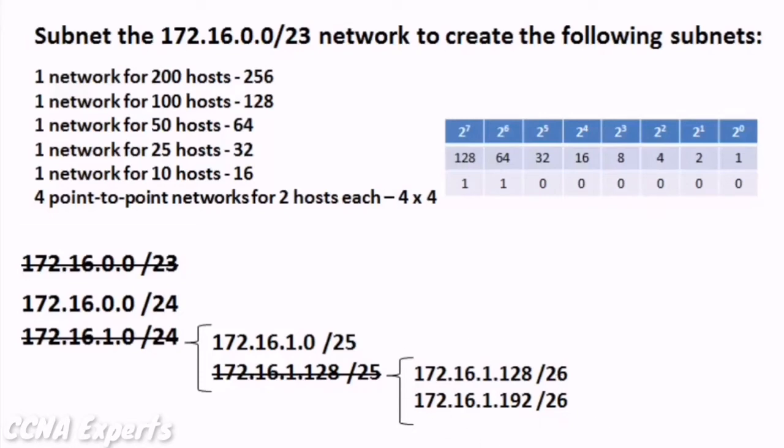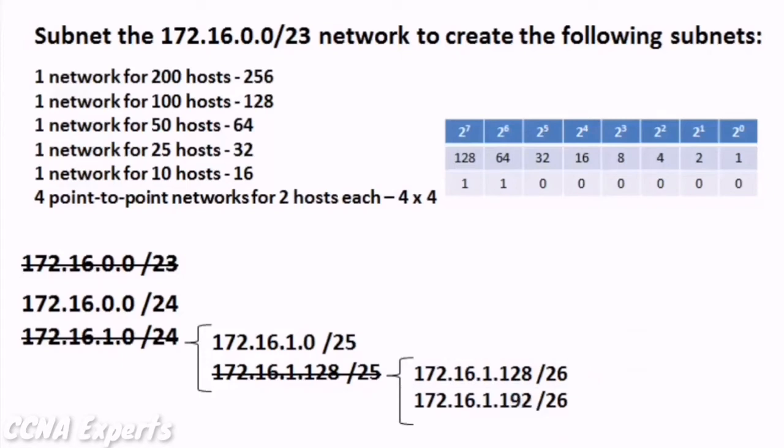I now have my 256 host subnet, my 128 host subnet, and my 64 host subnet. I can subdivide the second of these two subnets into two smaller subnets of 32 hosts each.